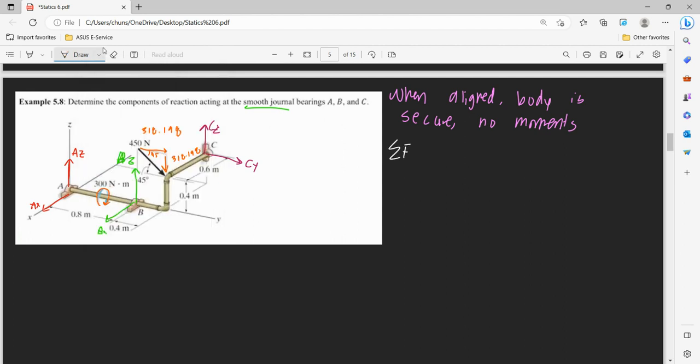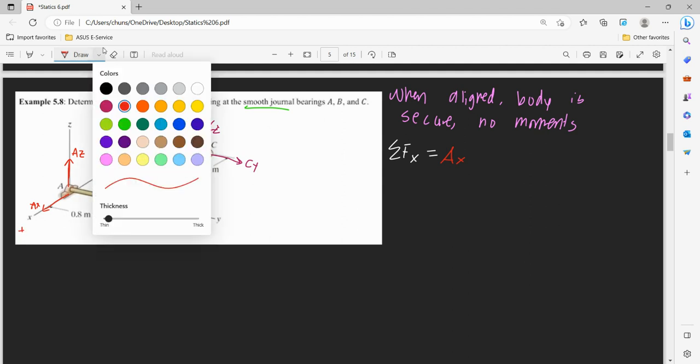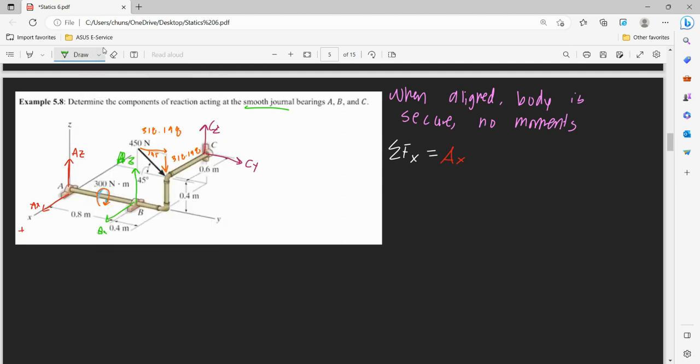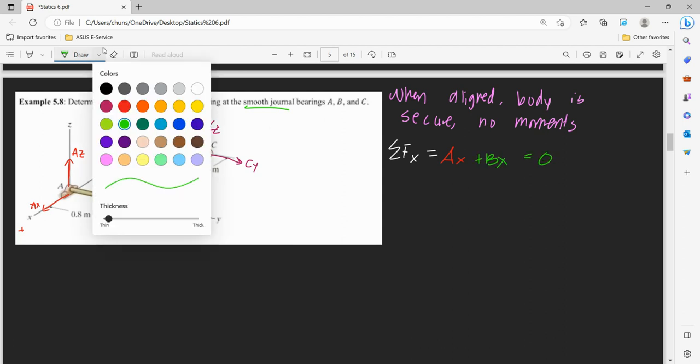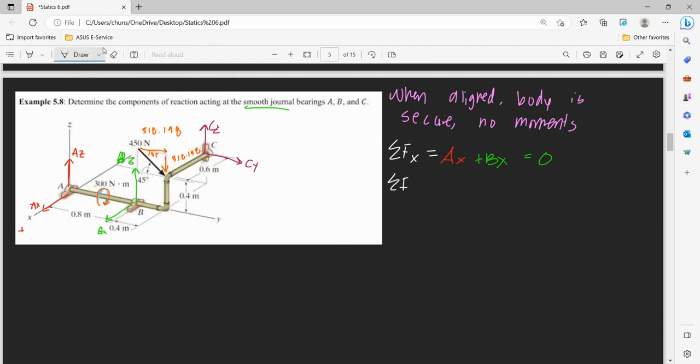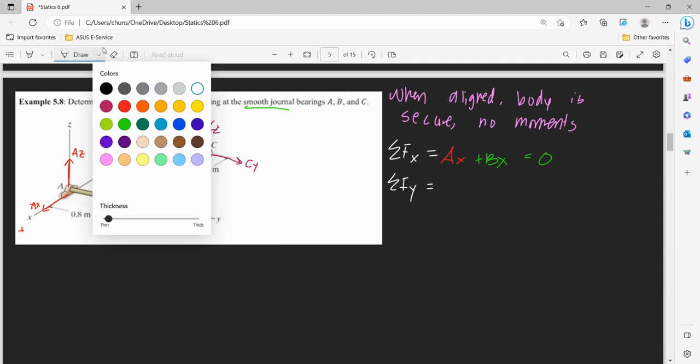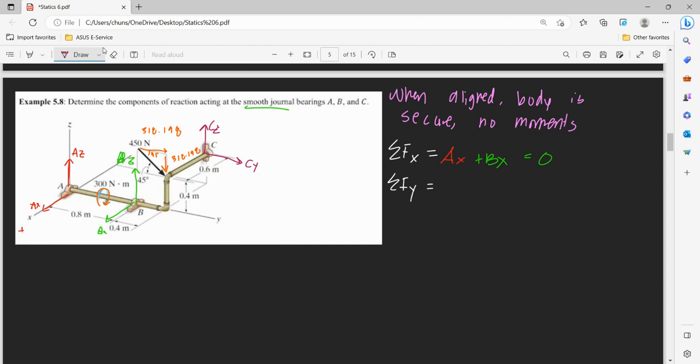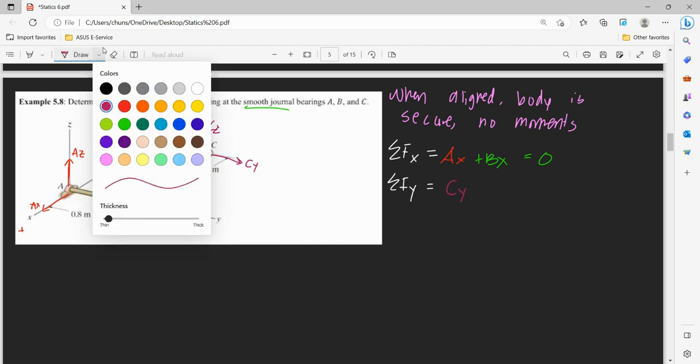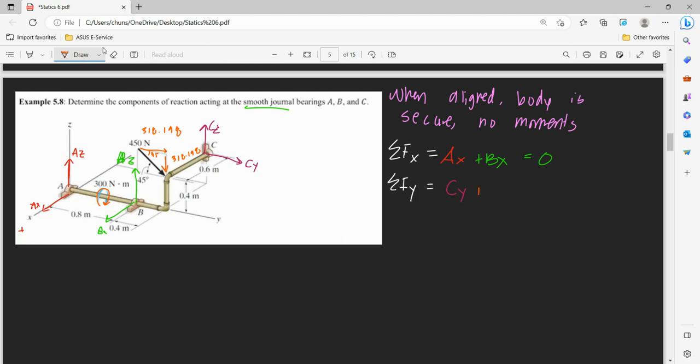So we start with our X forces. So this is just AX, our positive X direction, if this is our positive direction. And we have BX equals 0. So first one out of the way. Next we have sum of FY forces, which is just our CY and our component, 318.198, equals 0.